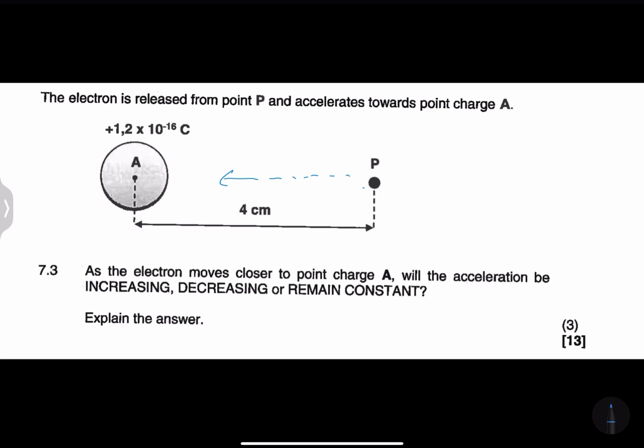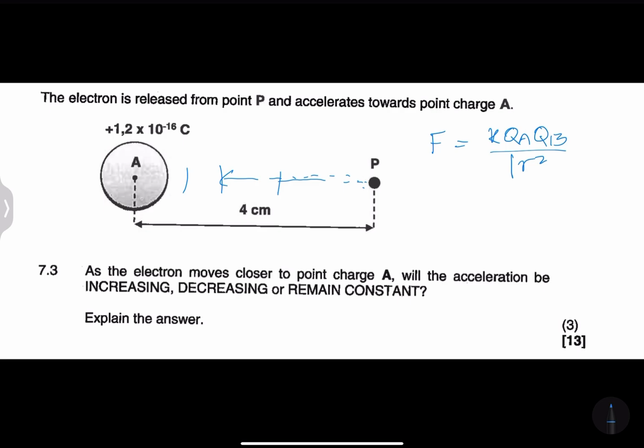Now, please remember, ladies and gents, that when we release an electron, the closer it gets, the distance in this case gets shorter and shorter. We know that force is inversely proportional to the square of the distance. What does that mean?